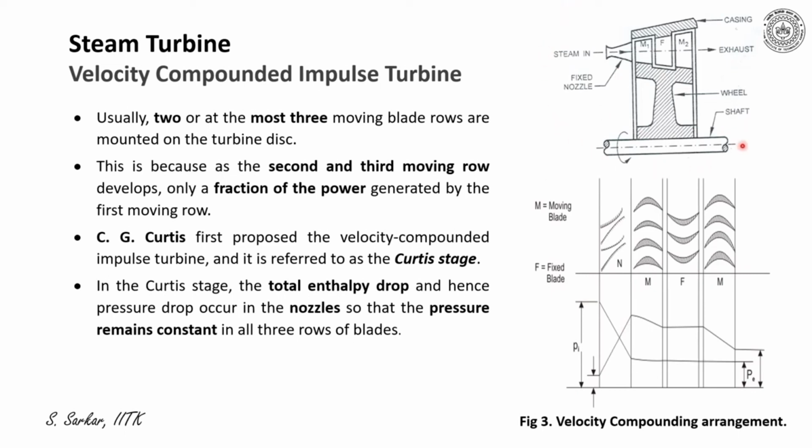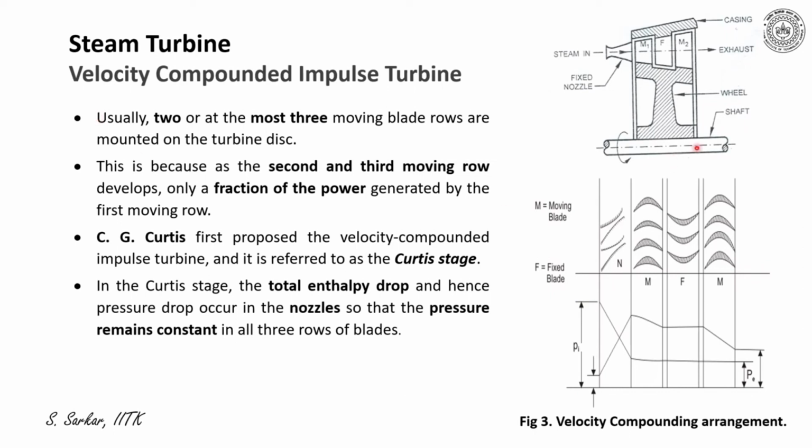This is the schematic of velocity compounded impulse turbine, where you can find the nozzle, and here 2 rows of moving blades are mounted on the turbine disc, on the same turbine disc.